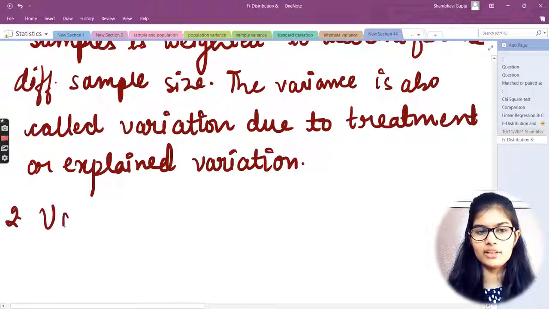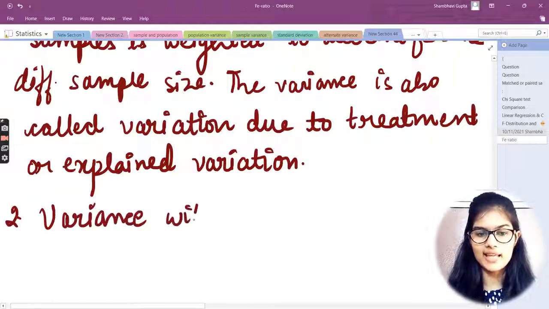Next we have the second one, that's the variance within the samples.